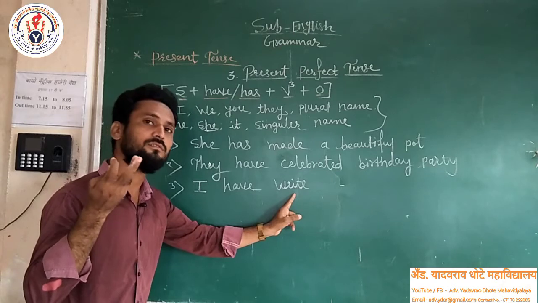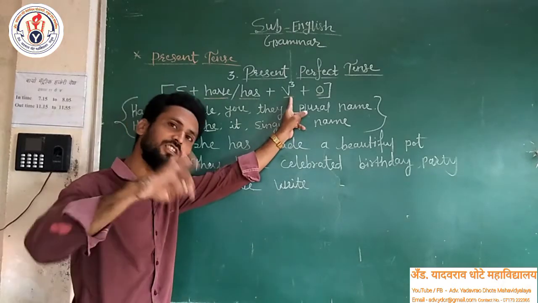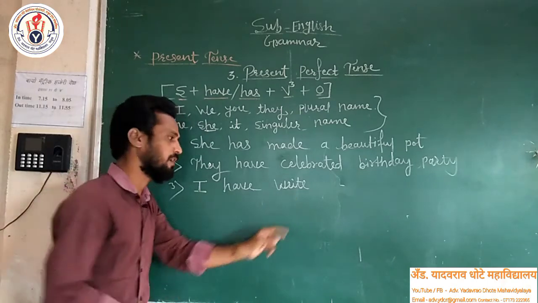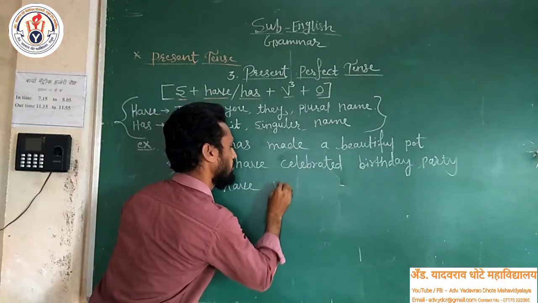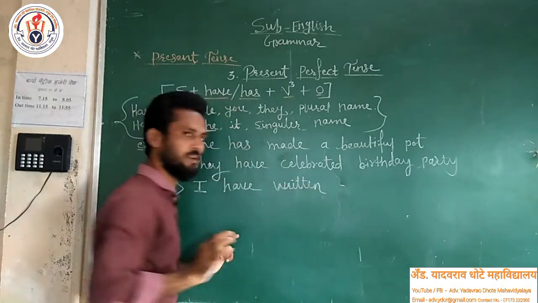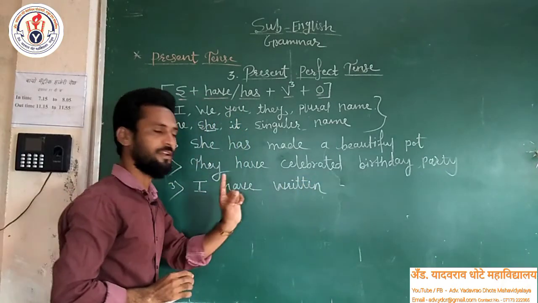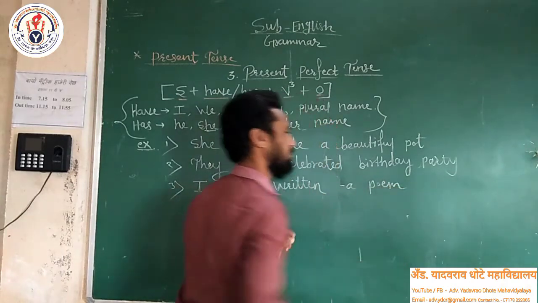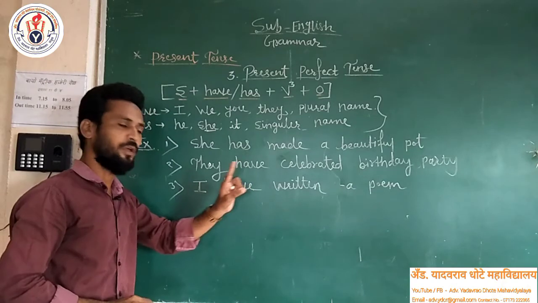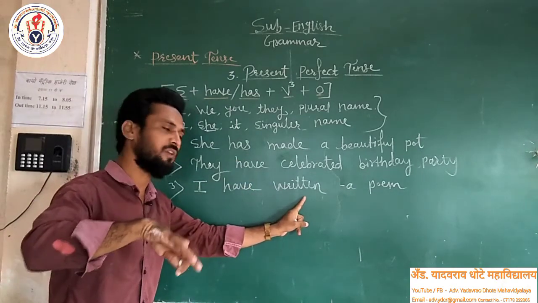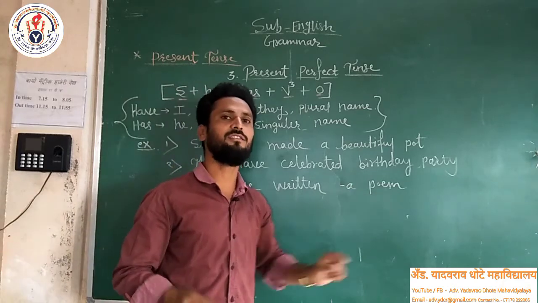So tell me, what is the third form, the past participle form of write? Can you tell? Yes, of course. Write will become written in the third form. I have written a poem. Subject, third form meaning past participle form of the verb, and the last remaining part is object.